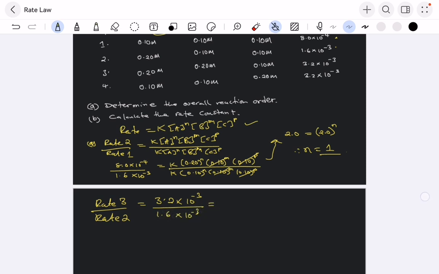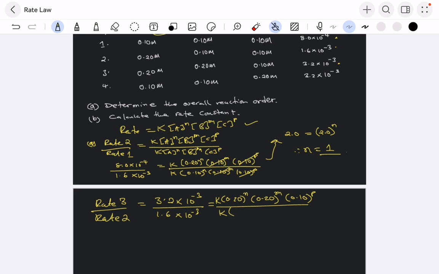Then experiment 3, we have 0.20, that is N, then 0.20, that is M, then 0.10, that is P. Remember there's a K here, divided by a K down there.